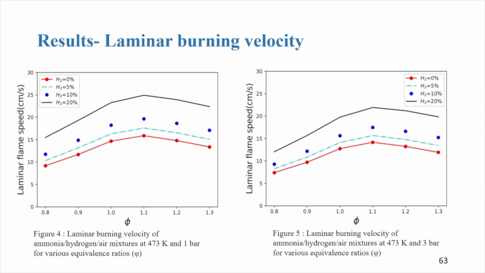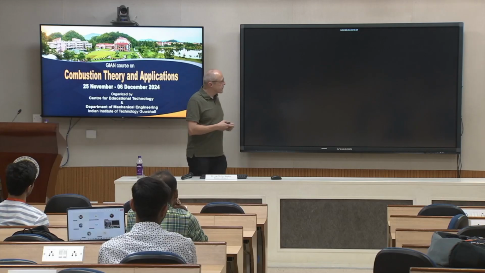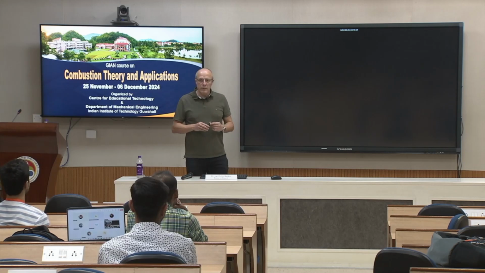And what we see, okay, near the stoichiometric composition, we yield the maximum velocity, something we can expect. And if we increase the amount of hydrogen, the flame velocity increases. Also something we can expect. So this is this example here.